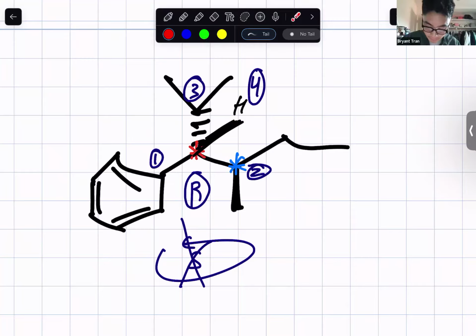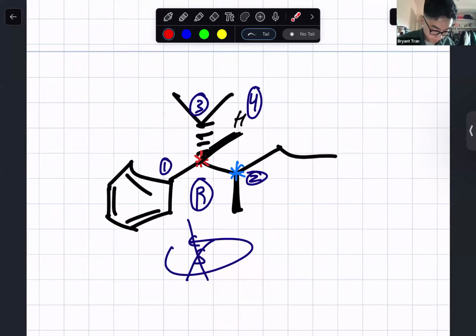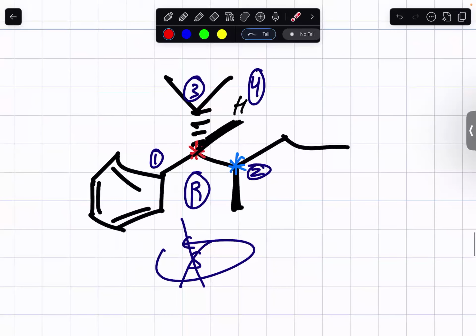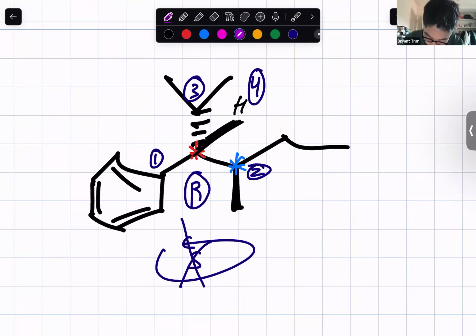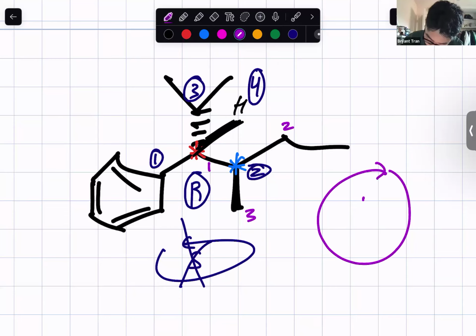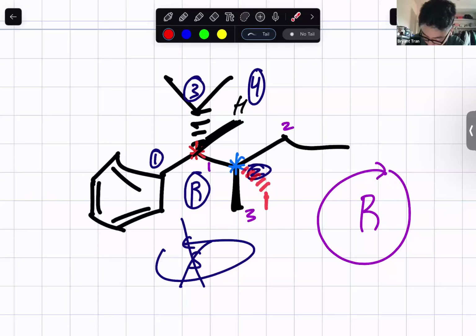Now, can you do the same for this blue carbon center over here? That's an S. Okay, so let's see here. This is number one. This is number two. This is number three. Going this way is clockwise, which is an R, and we know that the hydrogen here has to be a dash hydrogen, right?